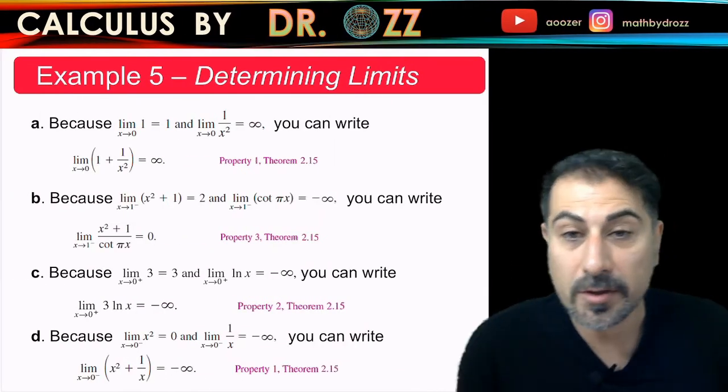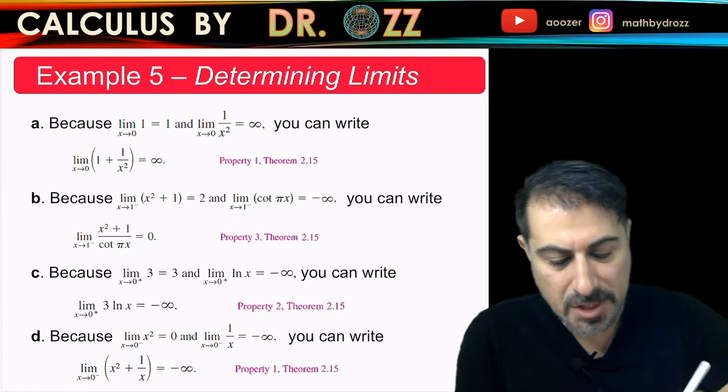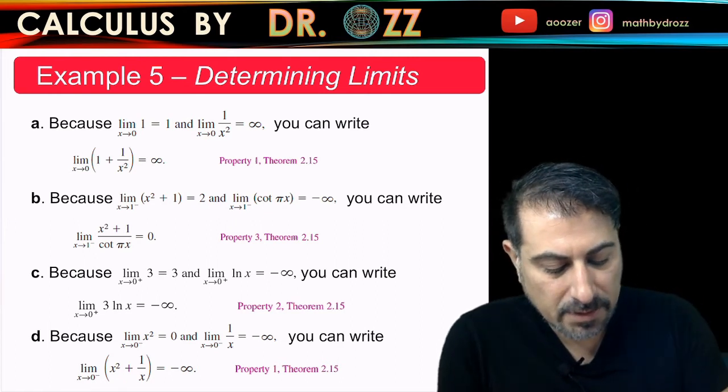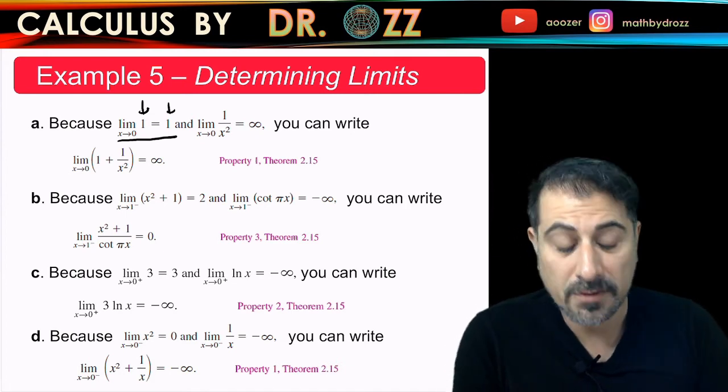All right, let's start with part A. We have the limit of 1 plus 1 over x squared, and we know that the limit of the individual function 1 is just 1 because it's a constant function.